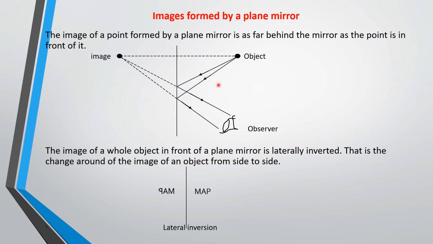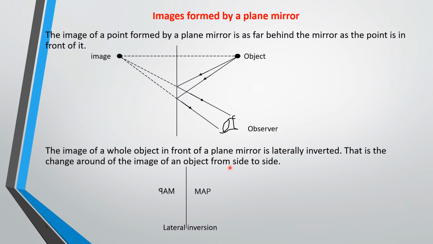Another characteristic of the image formed by a plane mirror is that the image is laterally inverted. What that means is that there is a change in the image of the object from side to side. Simply put, when you stand in front of a plane mirror, your left hand will be the right hand in the image and your right hand will be the left hand.